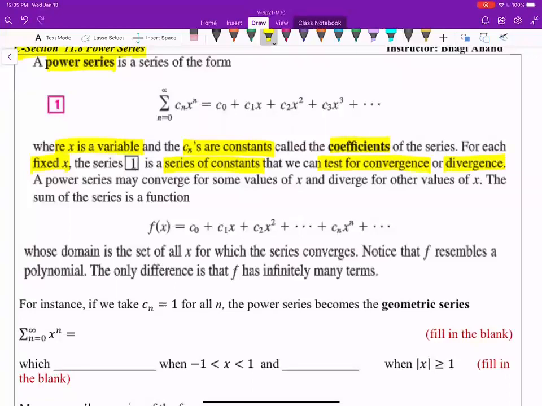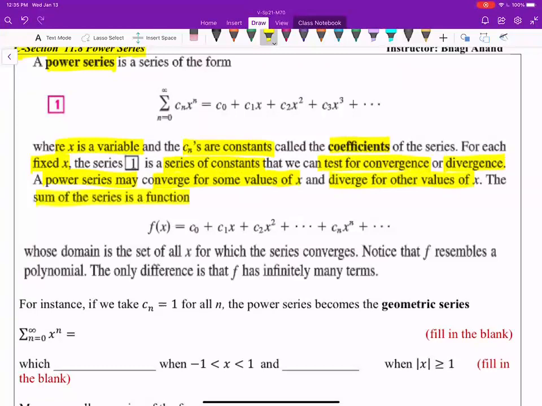We have seen several types of series and learned several tests for convergence, and we can test whether the series is convergent or divergent for these particular values of x. The power series may converge for some values of x and diverge for other values of x.